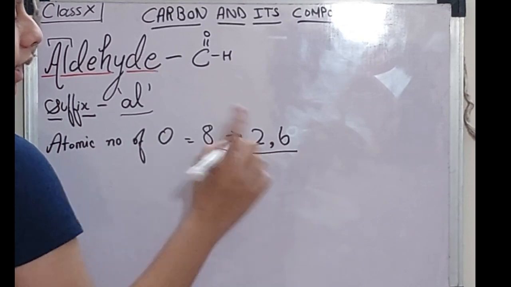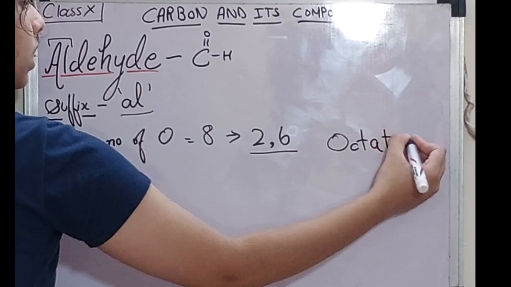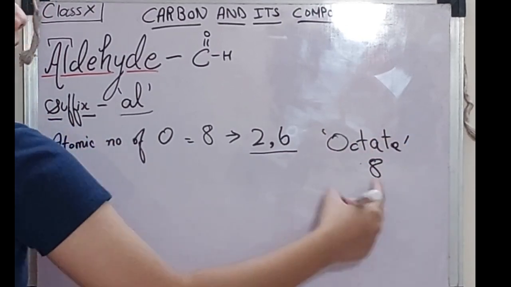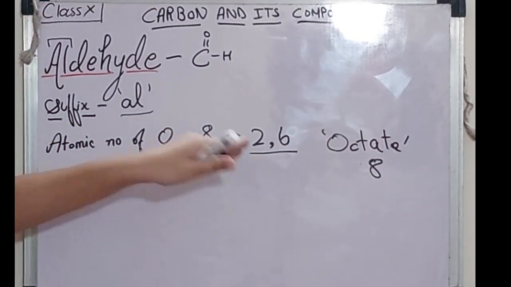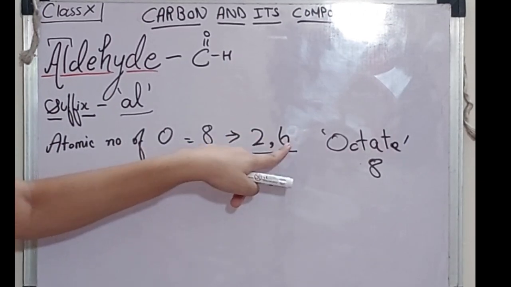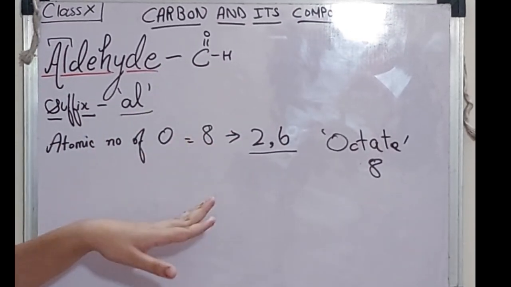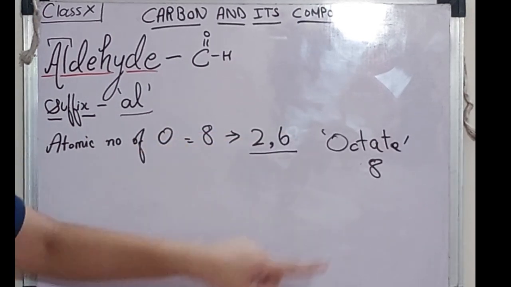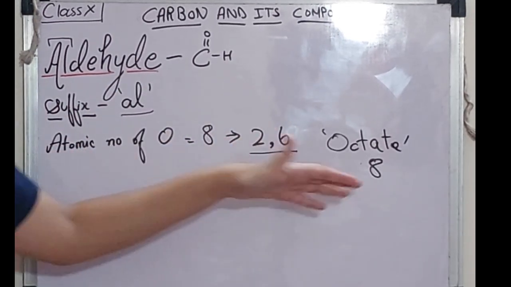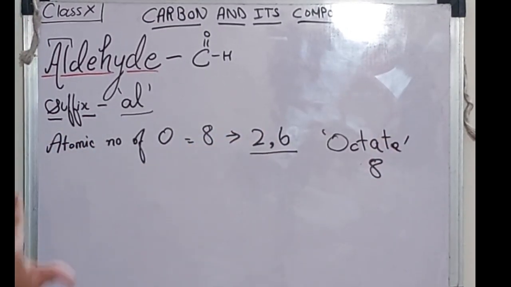But you can see that it is not valenced yet, because until there is an octet, that is 8 electrons in the outermost shell, it is not valenced. In the outermost shell of oxygen there are only 6 electrons. This means I have to add 2 more electrons to the outermost shell to make it 8. As soon as it becomes 8, it is known as an octet. That means now it is valenced.